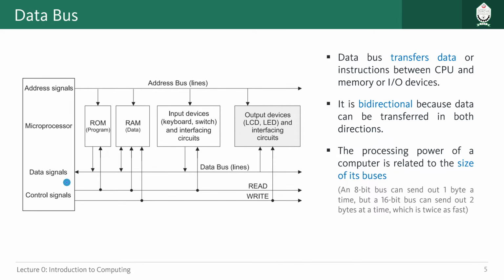Always the signal should come from the input device, never from the microprocessor to the input device. For the output device, the direction should be from the microprocessor to the output device. For the RAM we have a bidirectional situation, but for the ROM we have a unidirectional situation, from the ROM to the microprocessor.